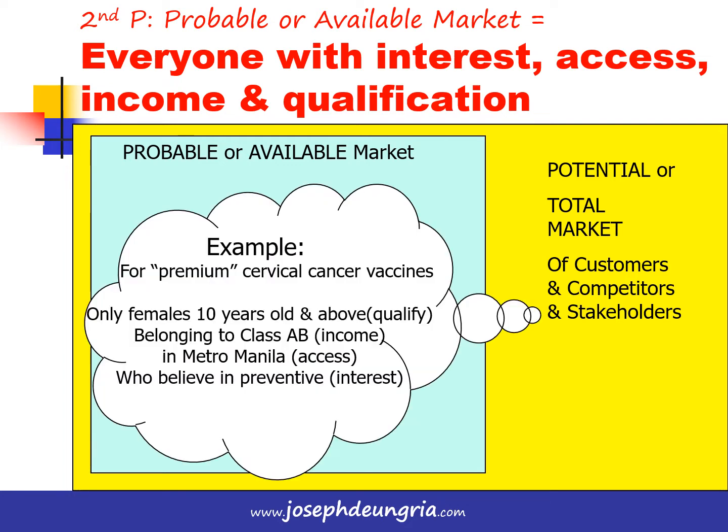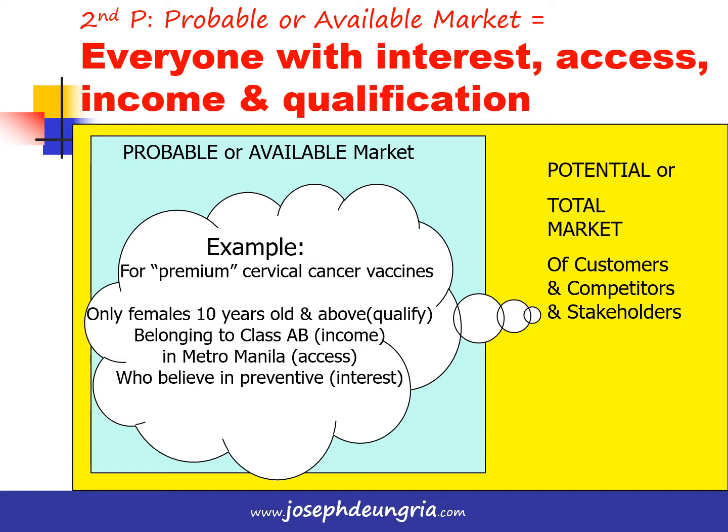So, for example, of course, we've heard about premium cervical cancer vaccines. Who would have interest, access, and qualification to do that? Of course, it's not for males, it's only for females. There's a certain age to be relevant, but because of the price, there's also an income requirement to be able to avail of that.